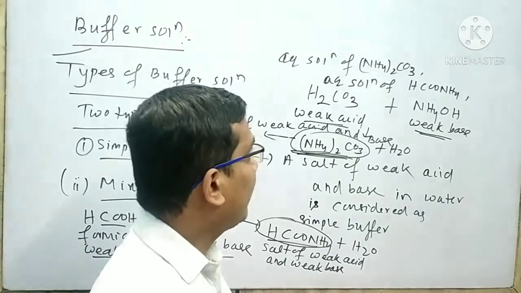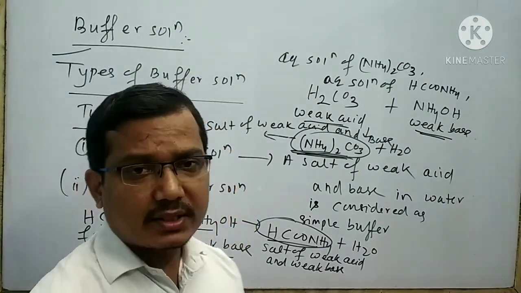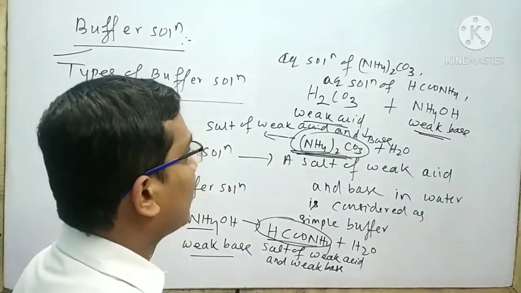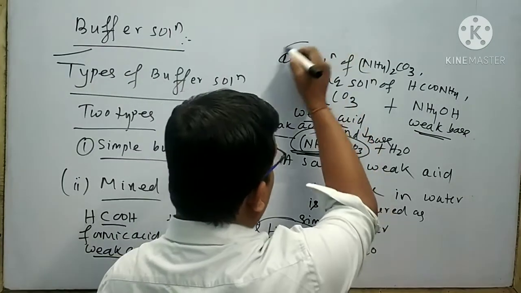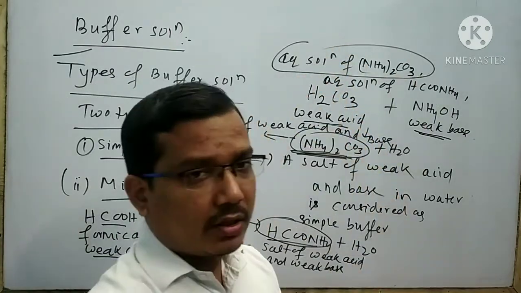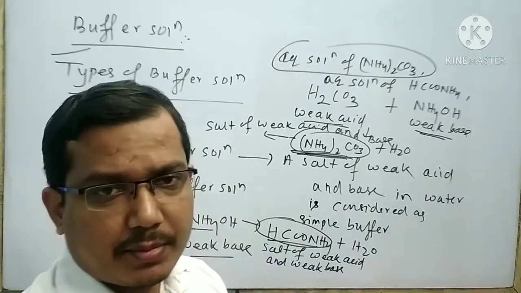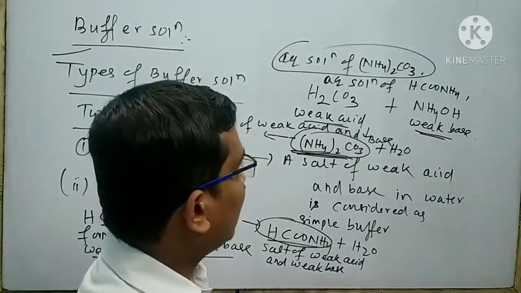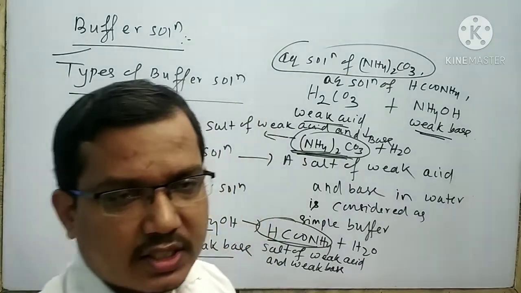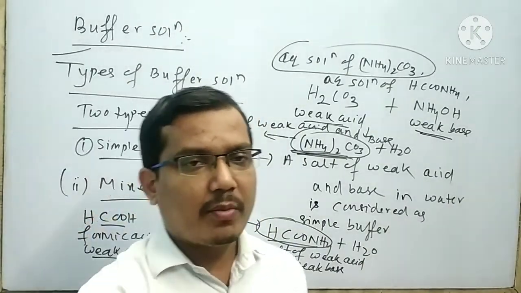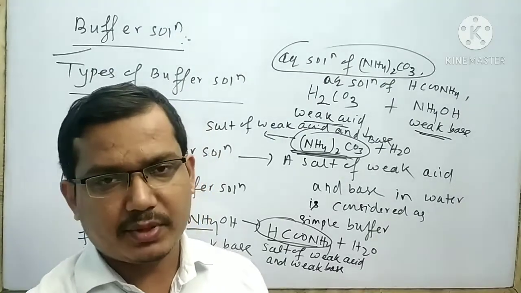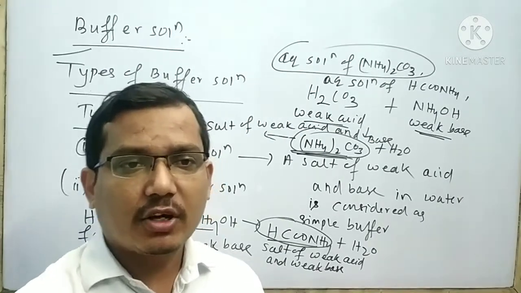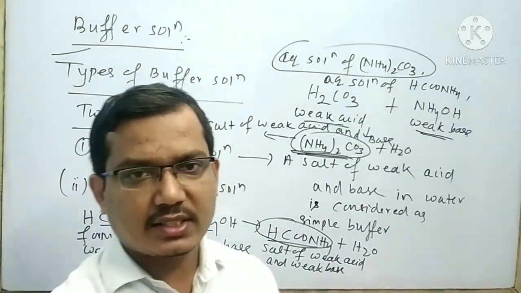Remember, if I add a small amount of acid or base or water from the outside, what will happen? The pH of such a solution does not change appreciably. That's why this type of solution is said to be a buffer solution. Buffer solution means the pH value does not change appreciably upon the addition of a small amount of acid, base and water.